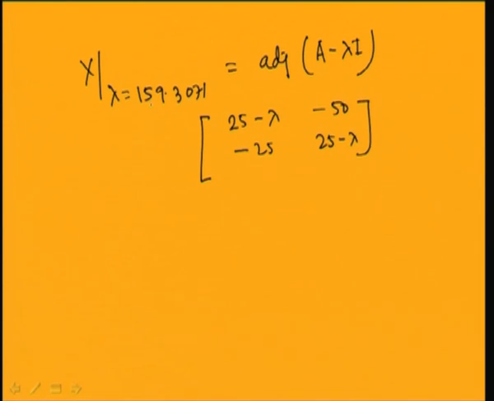Now, substituting this value of 159.3071 for the second mode, you can find this x2. You can take any column of this. So, let me take this first column.